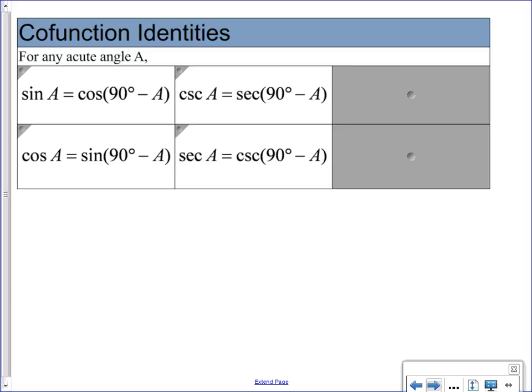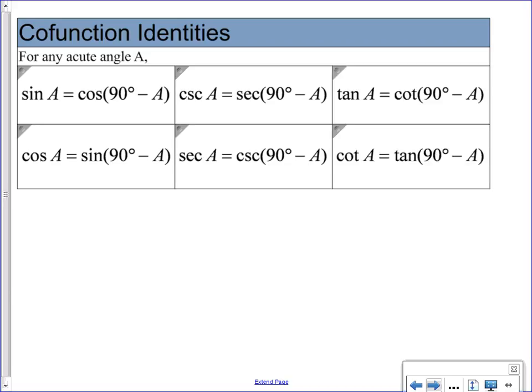And then the other relationship is tangent and cotangent.